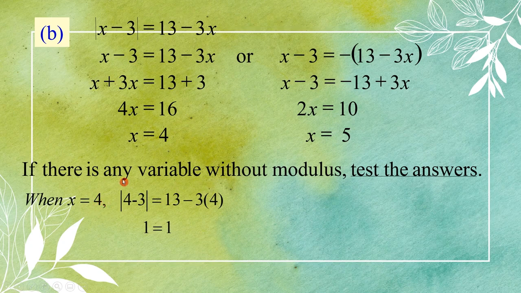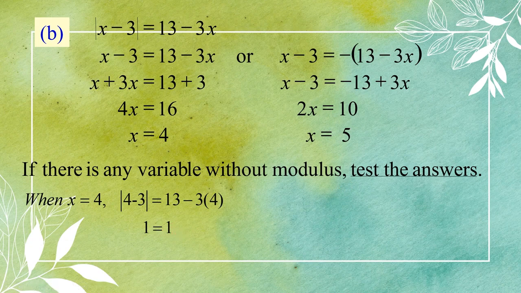We test x equals 4. We substitute 4 minus 3 gives us 1 on the left hand side, and then 13 minus 3 times the x value here, 4, 13 minus 12 gives us 1. So left hand side equals the right hand side.